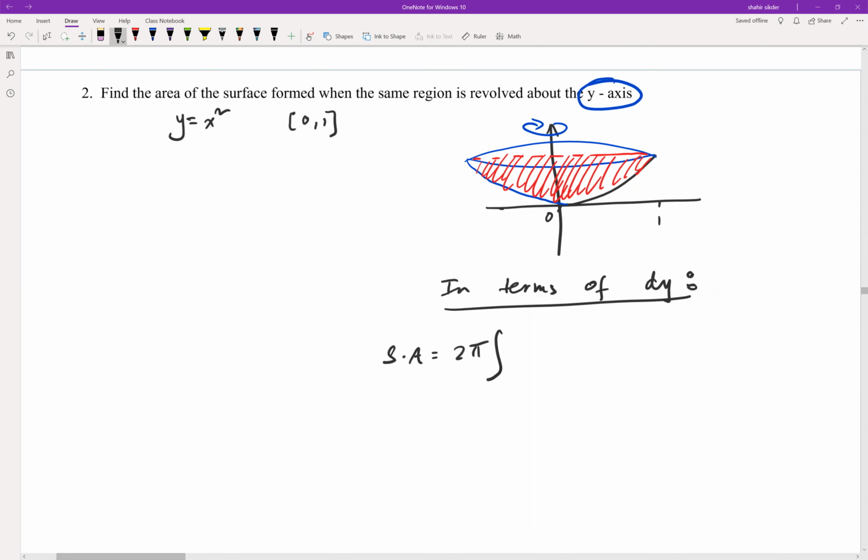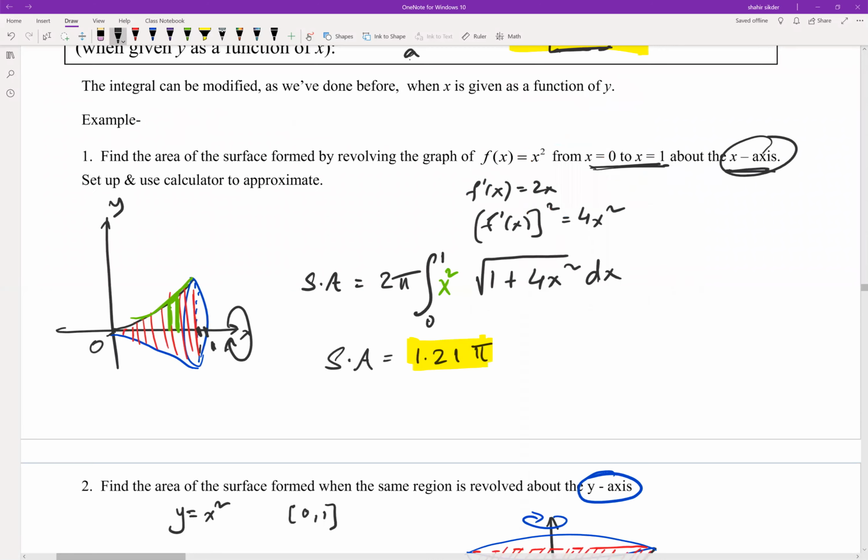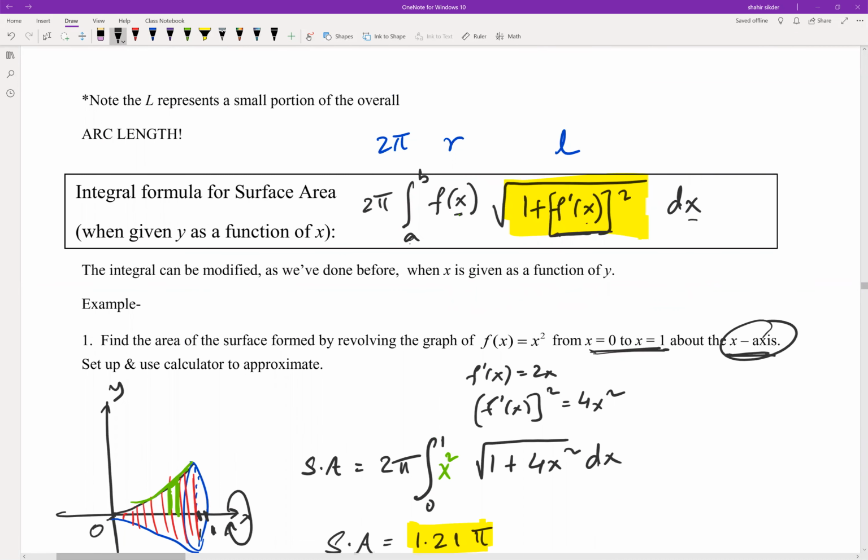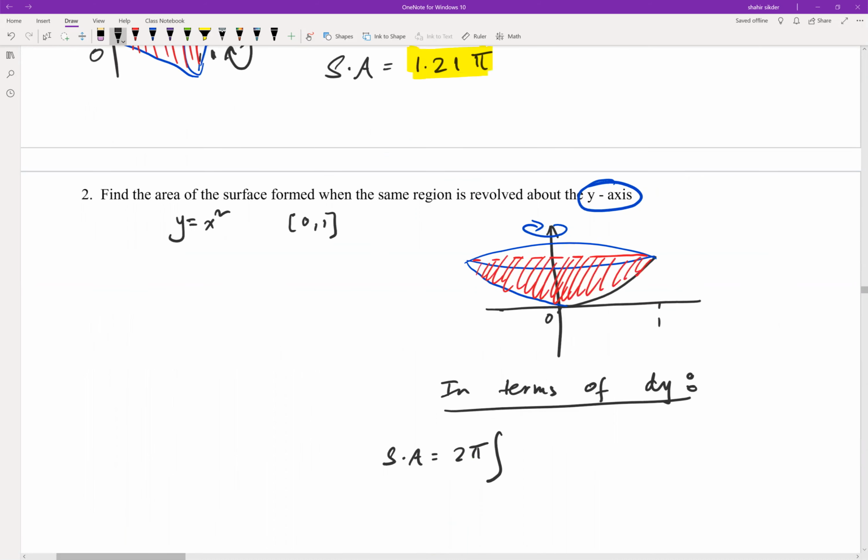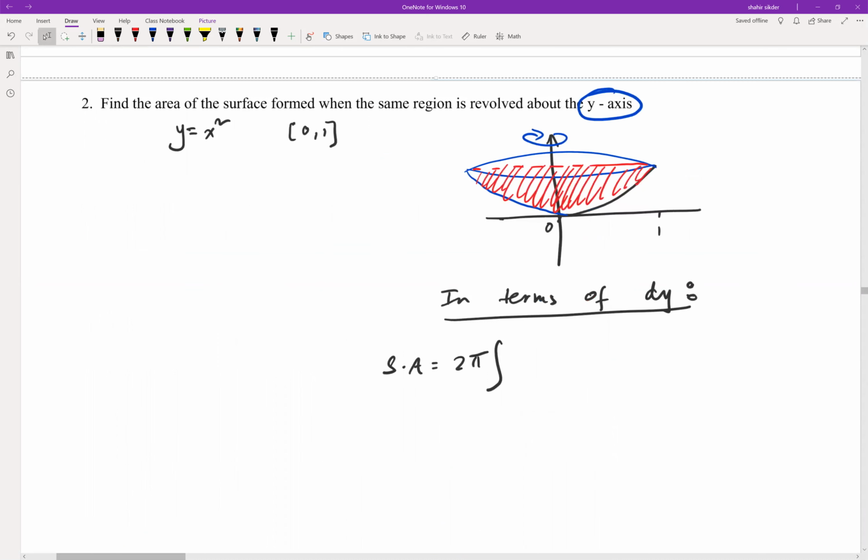Notice, if we solve it in terms of dy, the formula changes. These are x bounds. Now, if we solve it in terms of dy, these become the y bounds, and the function has to be in terms of y, not in terms of f of x. So this is 2 pi. I need my y bounds. Here's my function, f of x equals x squared. If x is 0, what is the y value?